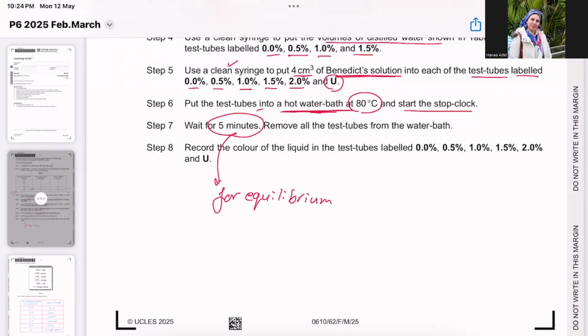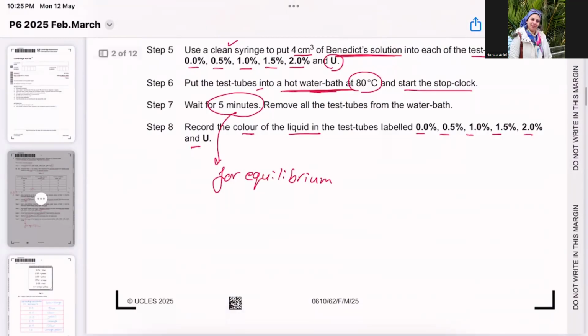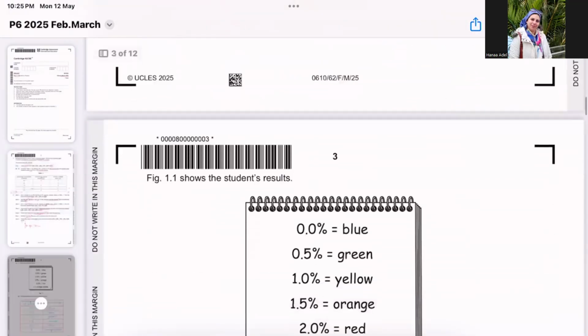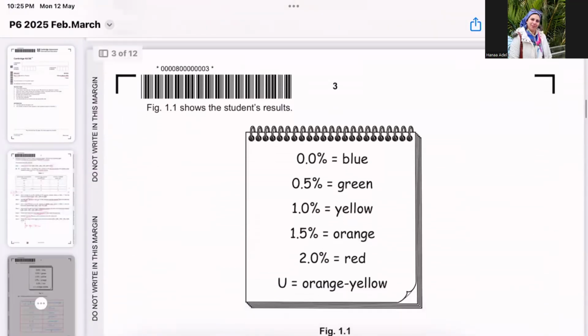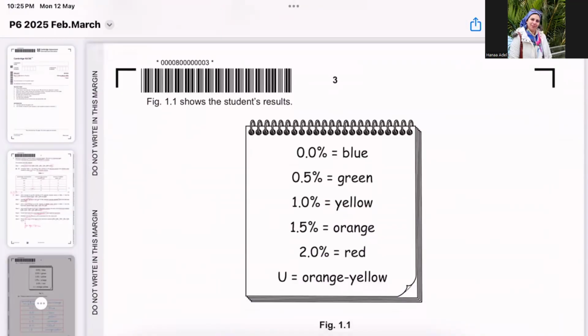Remove all the test tubes from the water bath and record the color of the liquid in test tubes labeled 0%, 0.5%, 1%, 1.5%, 2%, and U. And now this is the data written by the student. What about the color that changed in front of us?